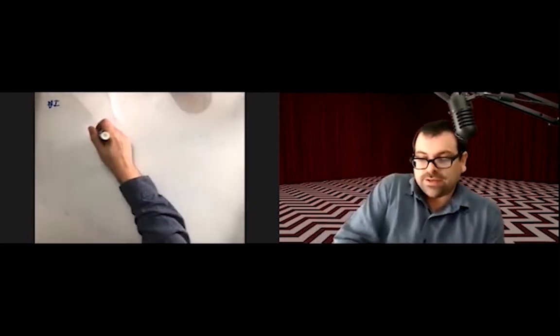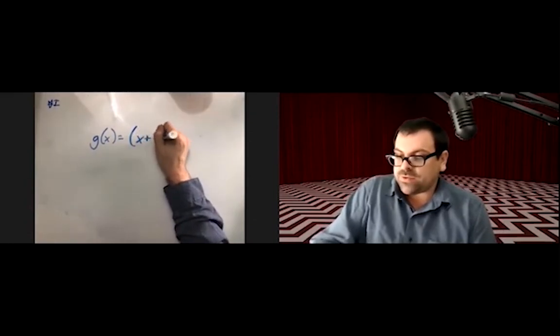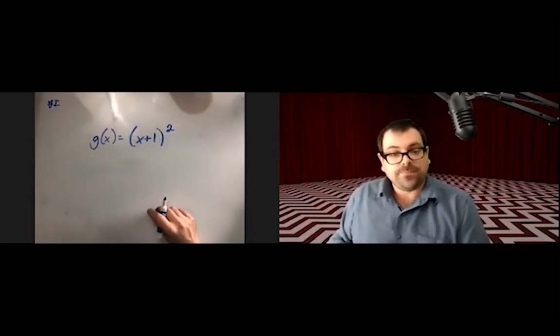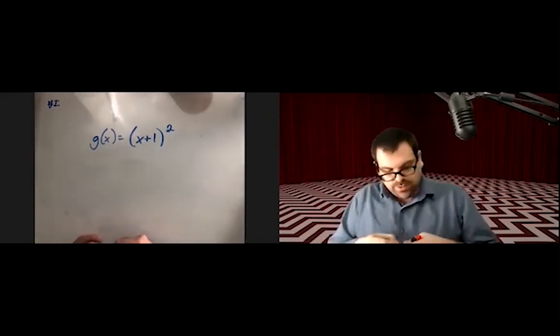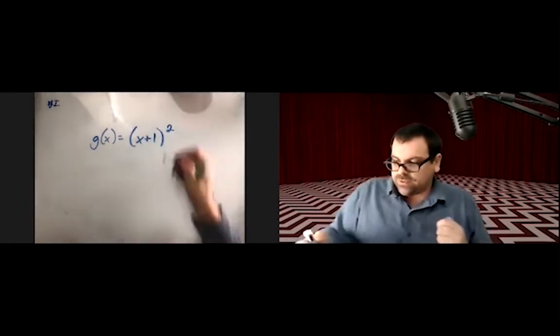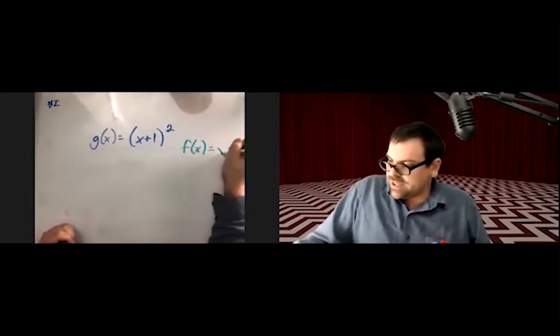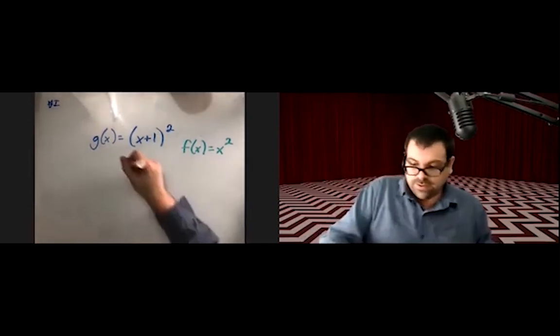Let's take a look at g of x equals x plus 1 squared. Well, this is a squaring function. It's quadratic. We've got a square on it. So that means the parent function is f of x equals x squared. And we know what that looks like.